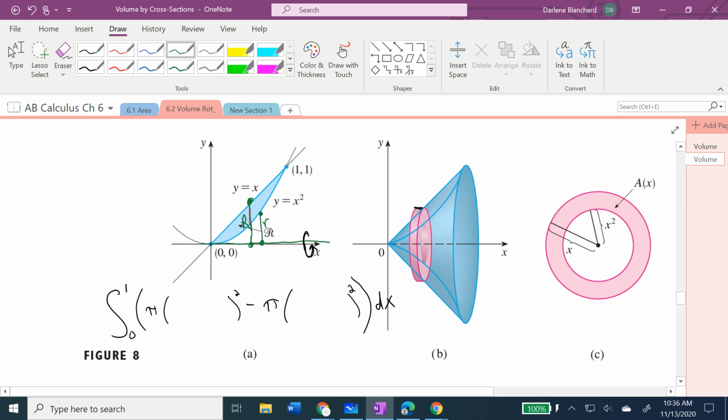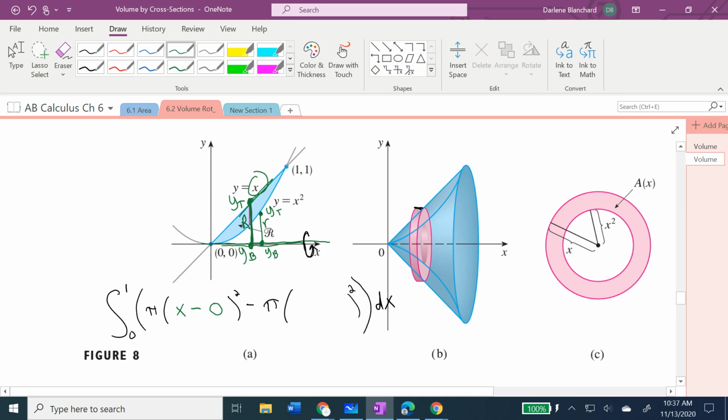I want to identify that these are vertical distances. Vertical distances mean I need to know the y top and the y bottom. So for my outer radius, y top is y equals x. The bottom y value is 0, which again, you don't have to write.